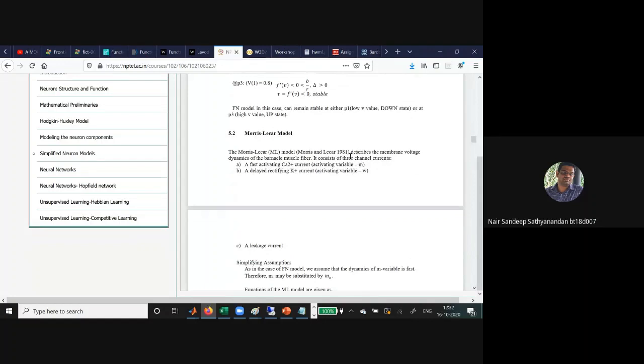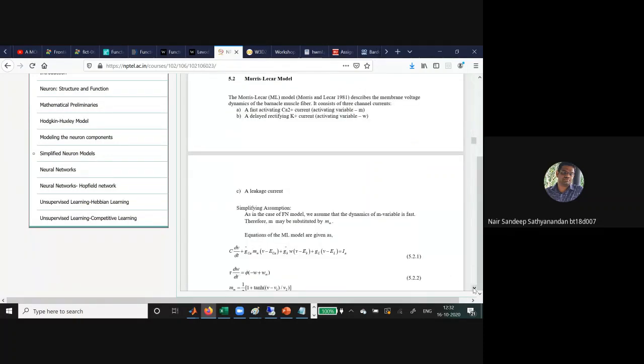Morris-Lecar model. It consists of 3 kinds of channels. Let us take out some of the key points of this model. It consists of a fast activating calcium current, a delayed rectifying potassium current, and also a leakage current. Now this is a simplified model.